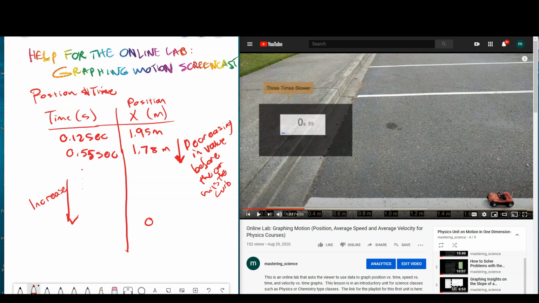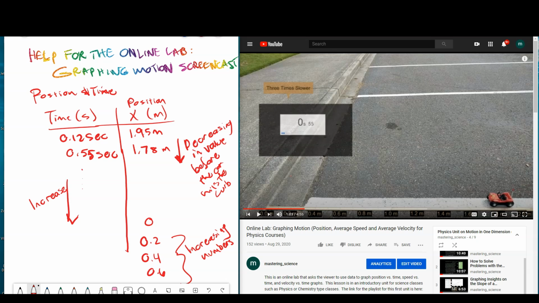Well, we would expect to see that the numbers would increase. Maybe this is 0.2 and 0.4, 0.6, and so on. I'm just making up numbers. You get your own numbers from the data that you see on the video, but at this point, we would expect to see increasing numbers. So we would expect to see an increase in the position as measured from the 0 point, which is the curb. All right, and that's what we would expect to see.